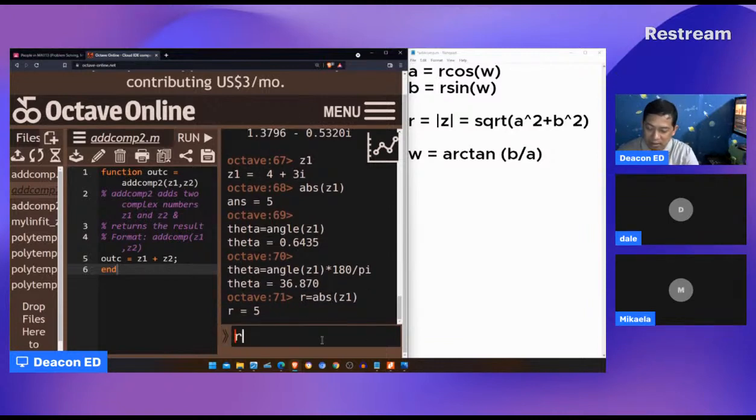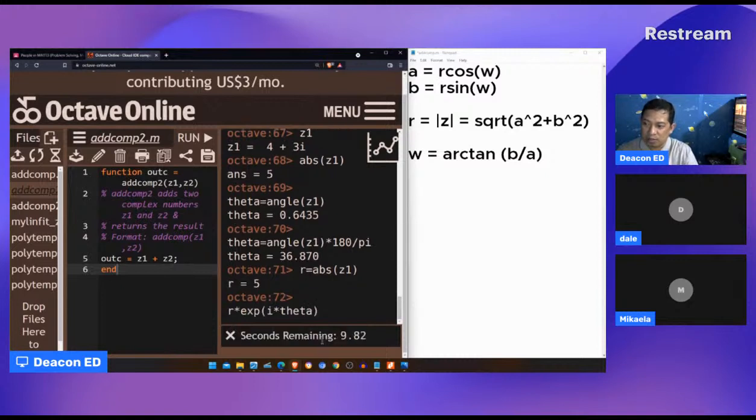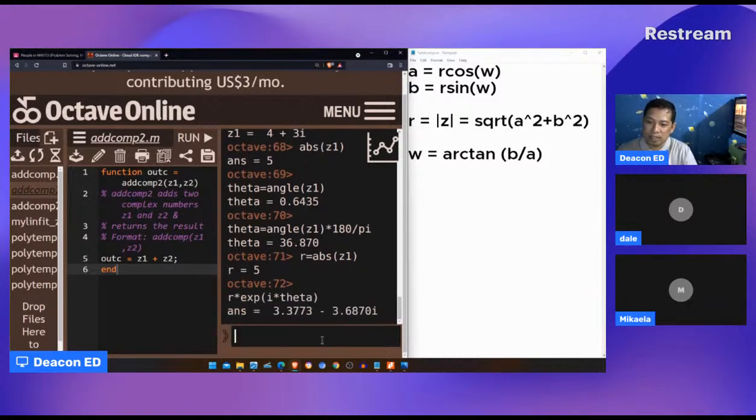So your R times the exponent e raised to, so exp I theta. So I theta, that is the angle. So what will we expect? We'll be expecting a return to rectangular form.